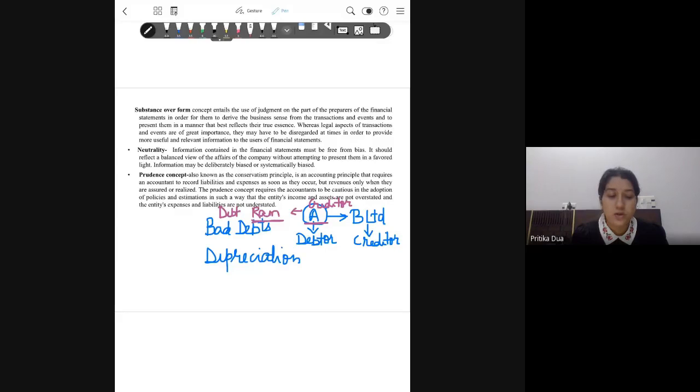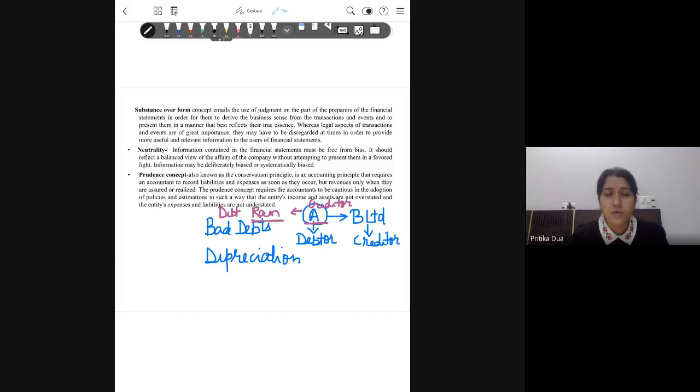Clear? Yes. Put a yes in the chat box. If only Karthik is listening, okay. Yes, okay, thank you. So this is one simple example of a debtor.